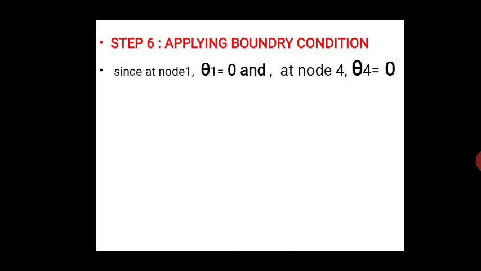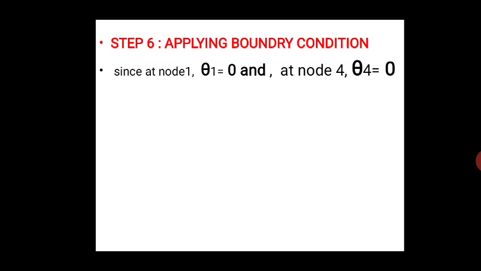Let us move to the next step, step number 6, applying boundary conditions. Since the left end node is fixed, which we consider as node 1, wherever the node is fixed there is no deformation and no angular rotation.